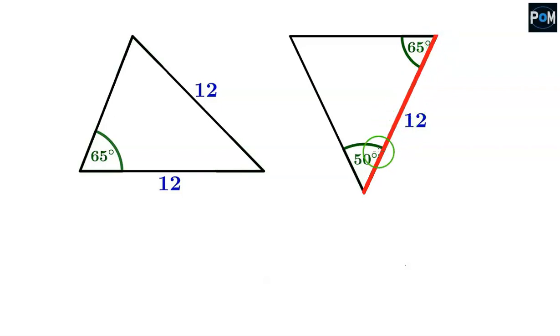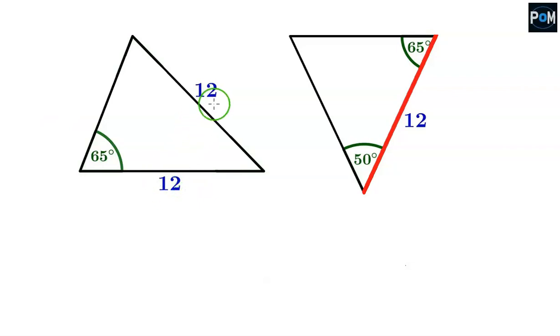Here we have a side of 12, and attached to it are angles of 50 and 65. We would need to find the same arrangement in the other triangle. Do we find such an arrangement here? We have side 12, but we have only one angle attached to it. So, it seems that this is a bit too little, but there are other clues here that will allow us to determine whether these triangles are congruent or not.